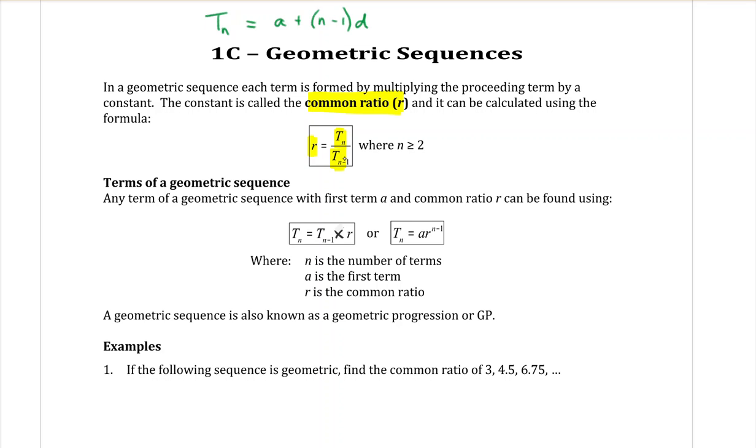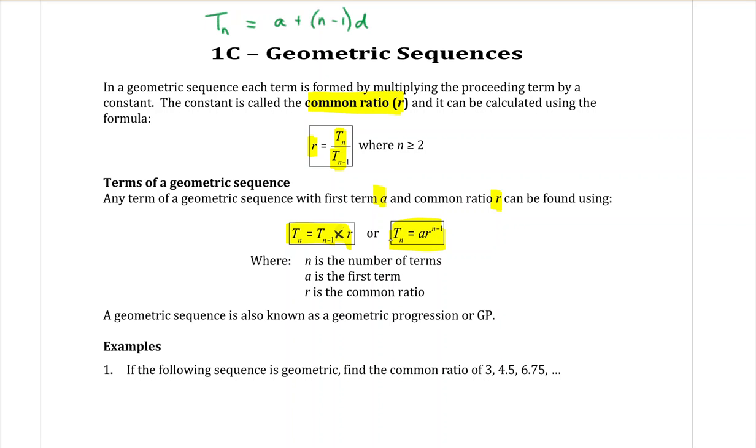A geometric sequence, any term of the sequence with a first term A and a common ratio of R, can be found by this formula here. If you have the previous term, you can just multiply it by R to find the next term. Okay, good, but not very useful compared to the next one. The next formula here is the one that's on your formula sheet.